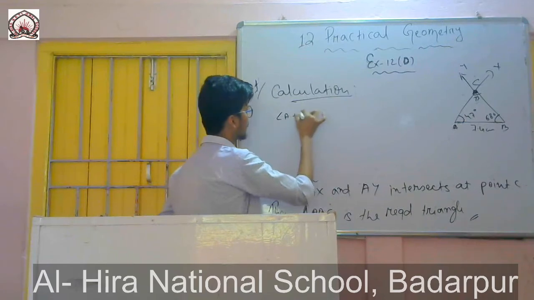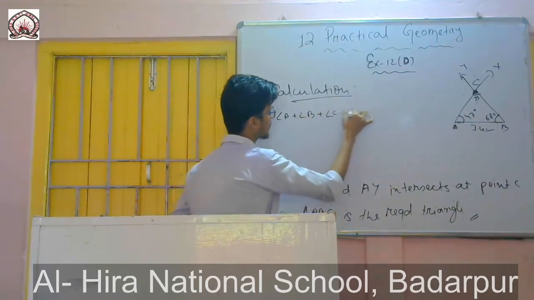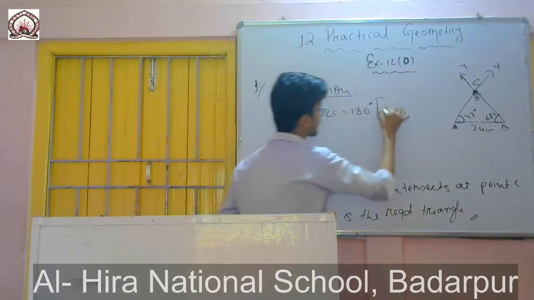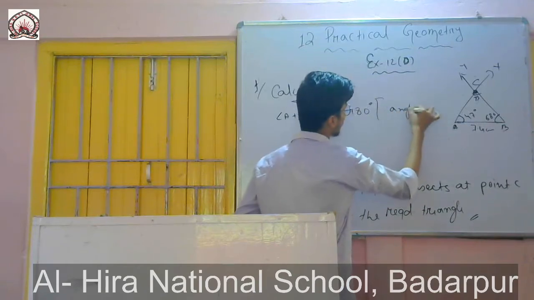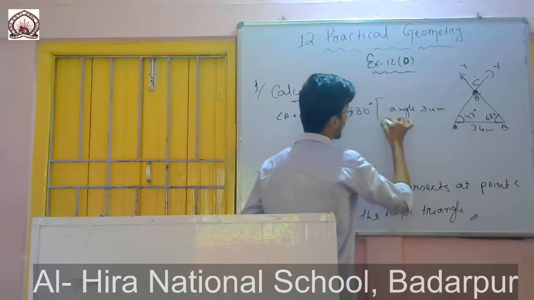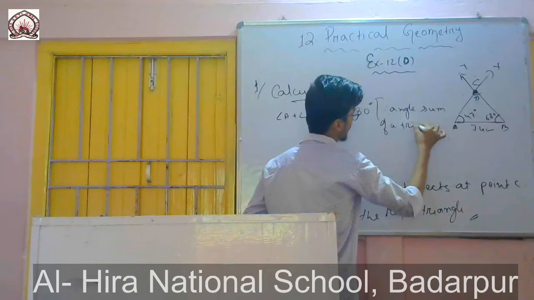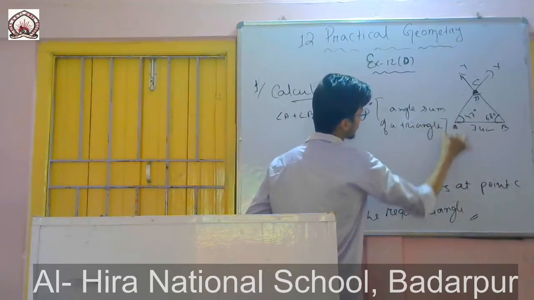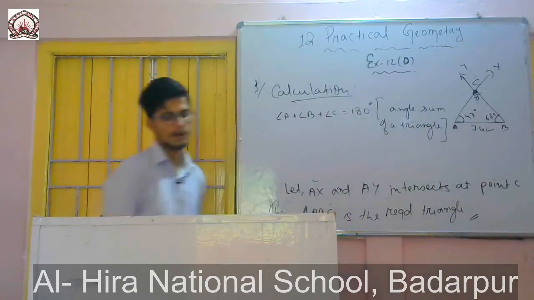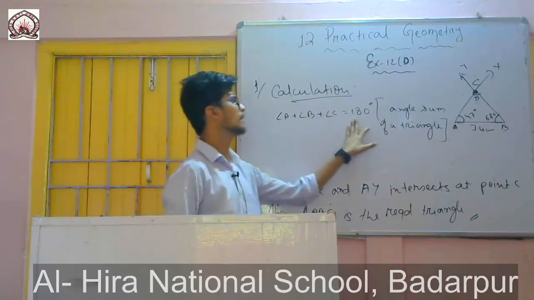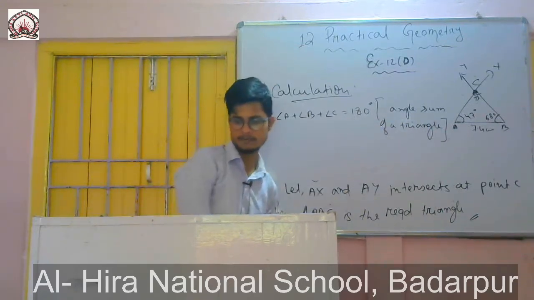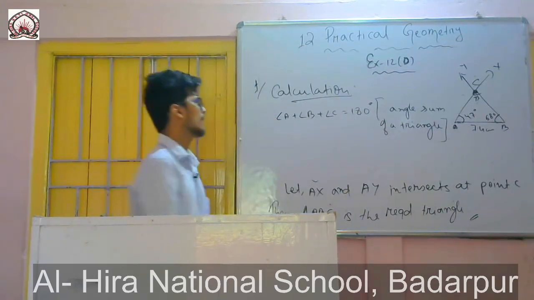Angle A plus angle B plus angle C equals 180 degree. You write, angle sum of a triangle. Since the sum of the angles of a triangle is equal to 180 degree.